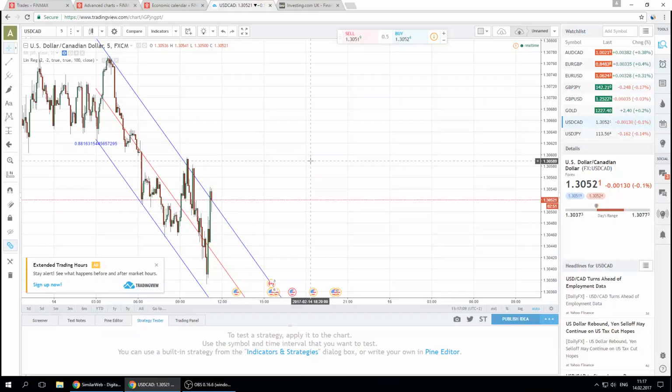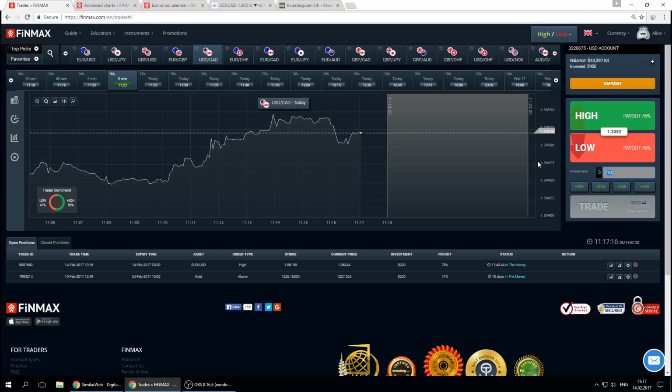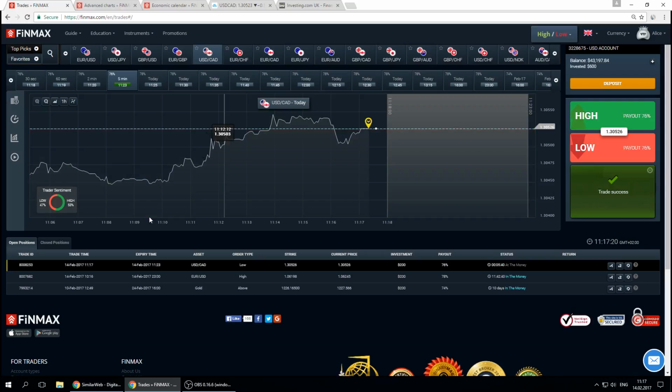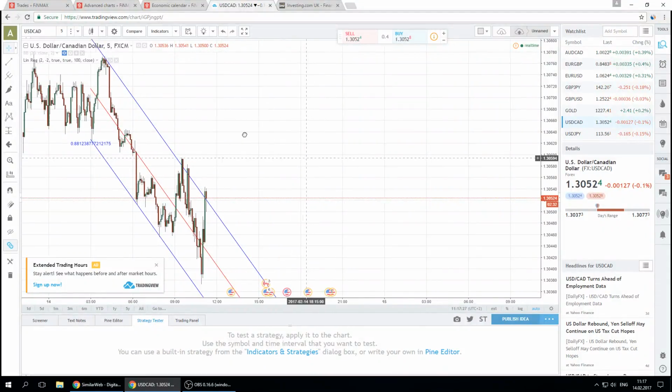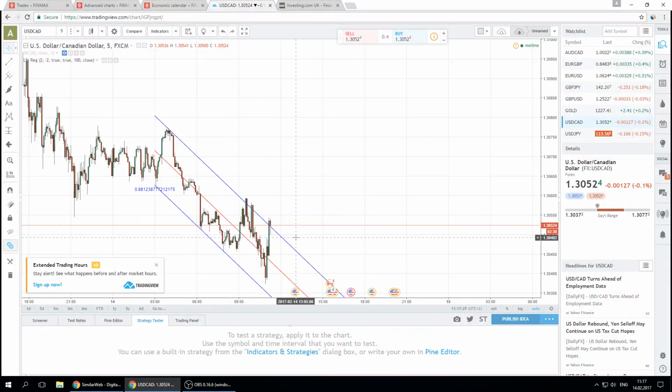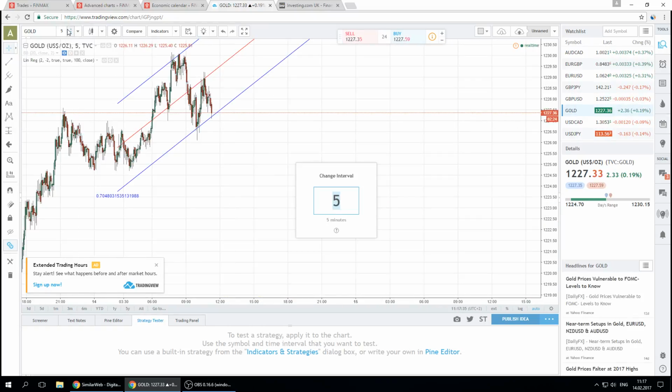Let's see if it's still valid. Yes, it's still valid. So USD Canadian dollar, 5 minutes time frame, 200, that's the minimum I can open, and confirm. So we will see in a couple of minutes how it's going to work out. As I told you, I prefer not to make short-term trades, but still, in order to see how it works, let's do that and search for something else while we can trade.